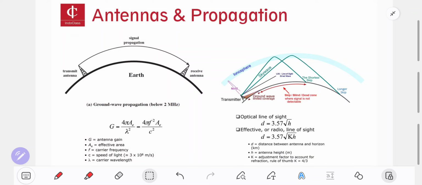Antenna for transmitter is used for changing electric signal into electromagnetic wave, which can propagate through air or space.